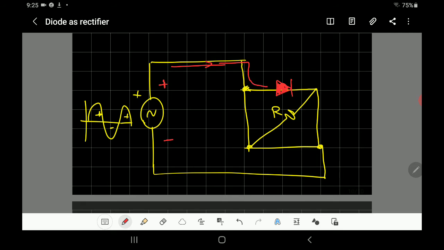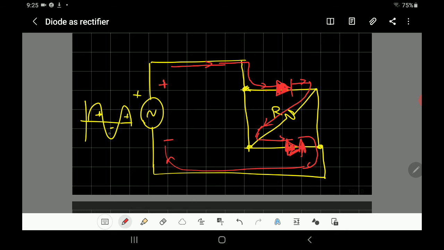I'm just showing how you design the bridge by yourself. The current will go through the load in this direction. To complete the cycle, it has to go in this direction, right? So you put a diode in this direction and go to the negative. So you make the two diodes parallel like that, and this is their anode, their cathode.